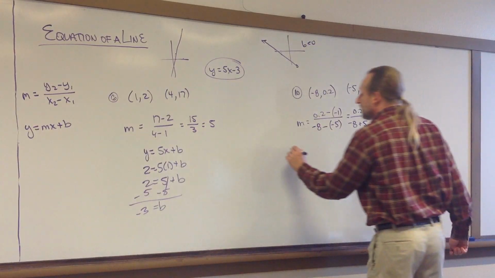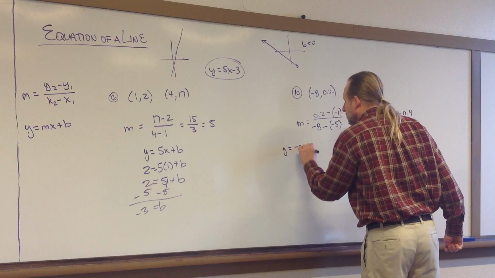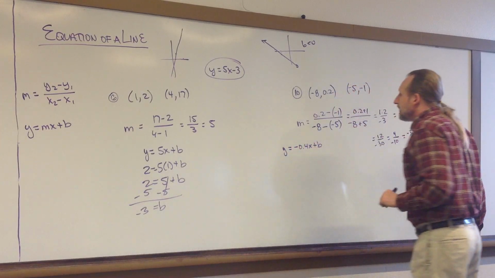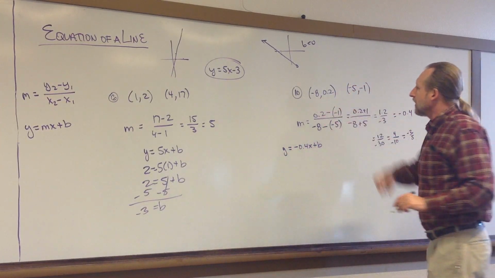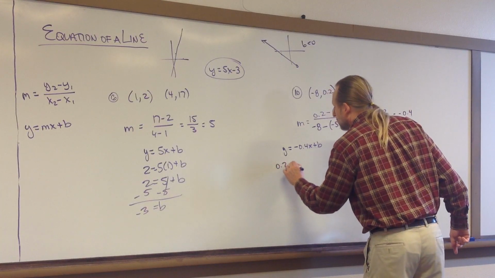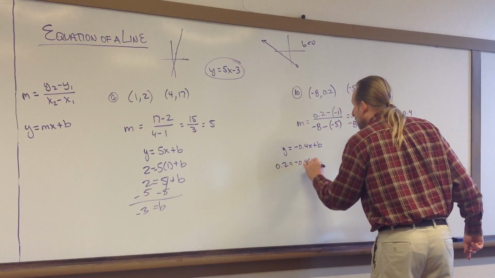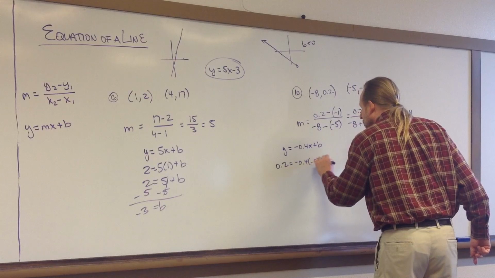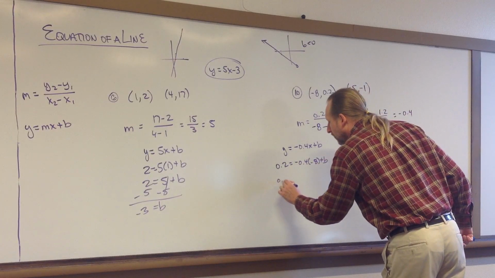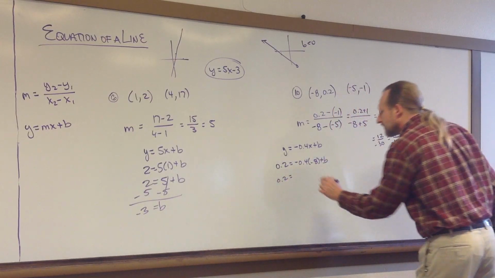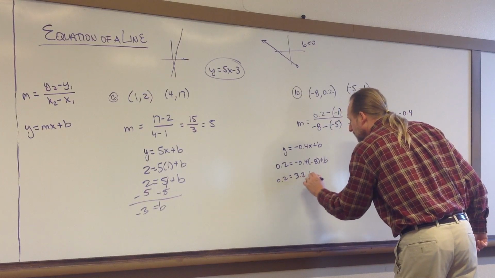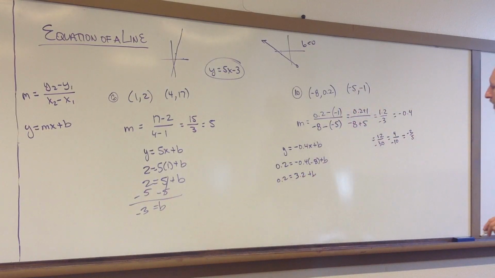So let's go ahead and set this up. Y equals negative 0.4x plus b. And then we'll plug in our values. Y is 0.2 when x is negative 8. So 0.2 equals positive 3.2 plus b.